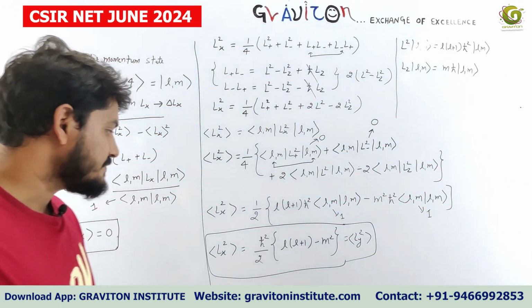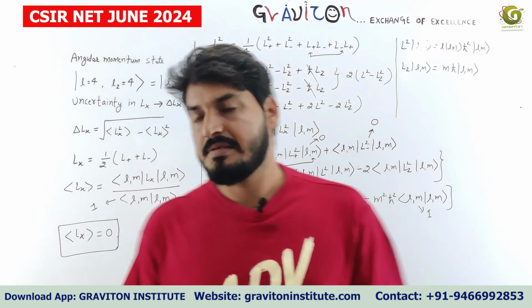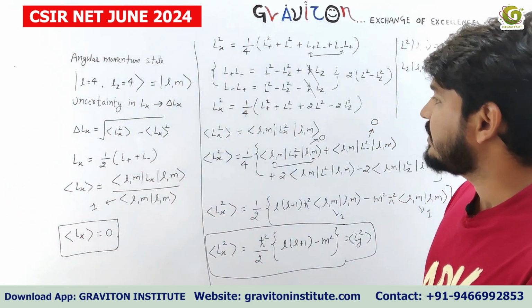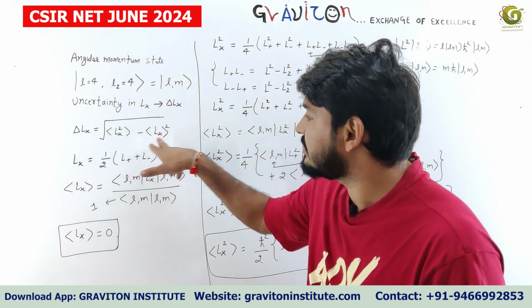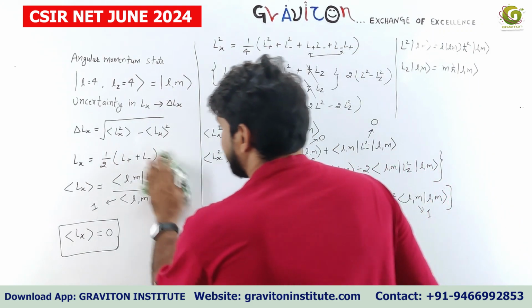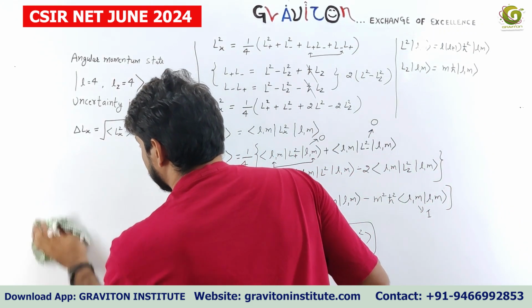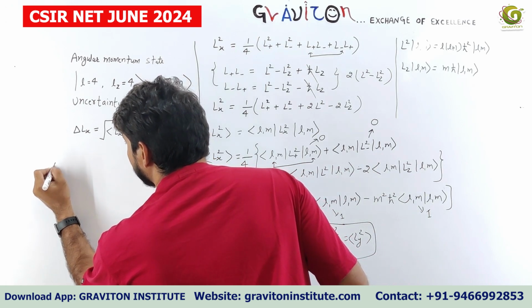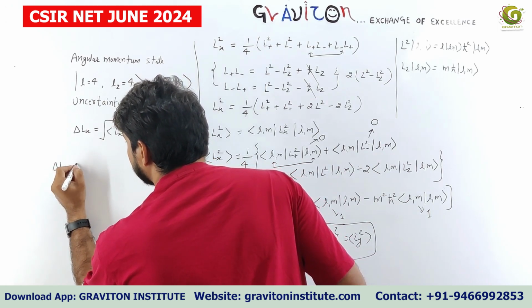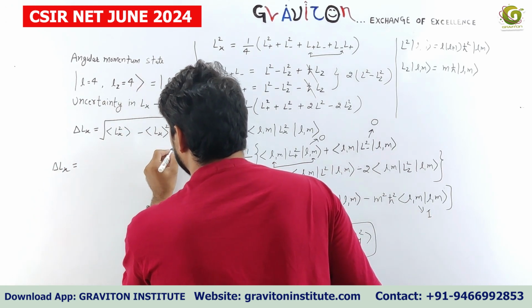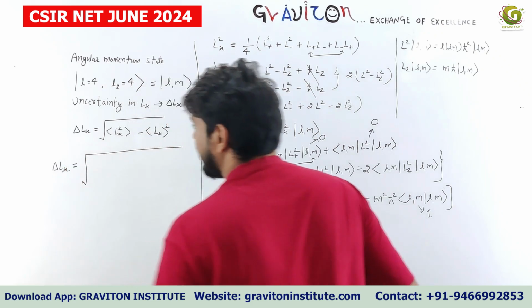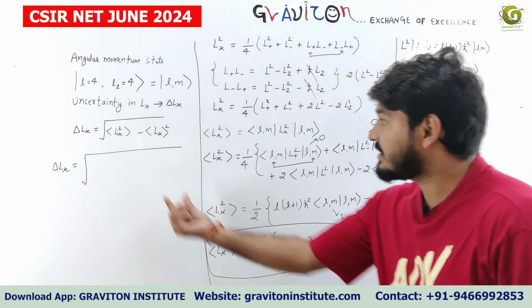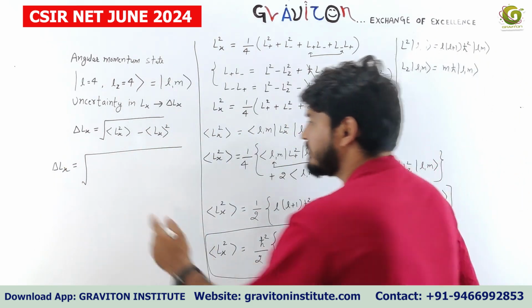Fine. Now this is very simple. What we need? Expectation value of Lx, this one. So that we can do here. ΔLx is under root ⟨Lx²⟩, this term.